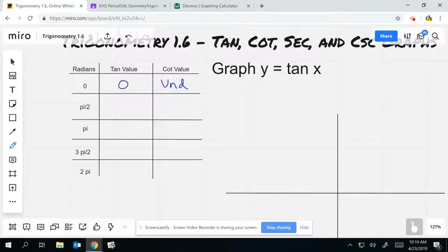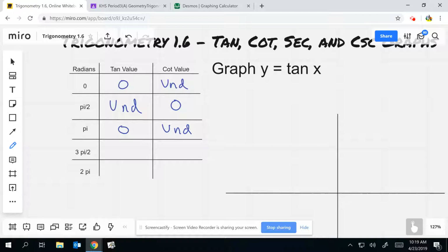Then you go down to 90 degrees, which is pi over 2 radians, and your tangent is now undefined. And your cotangent is 0, so they just keep switching. At pi, which is 180, your tangent's going to be back to 0, your cotangent's going to be back to undefined. I'm just looking at the axis angles, like when we graph them.